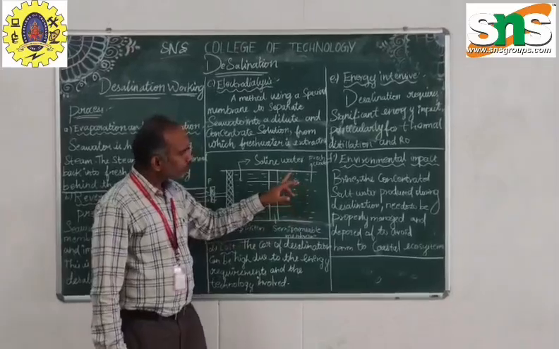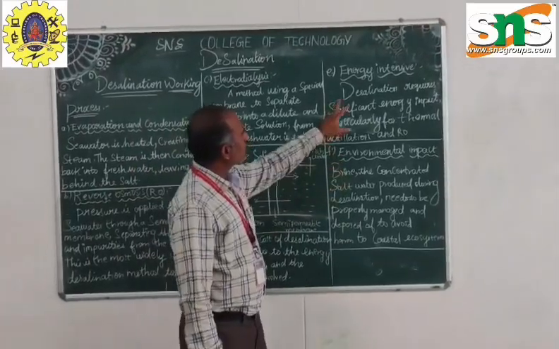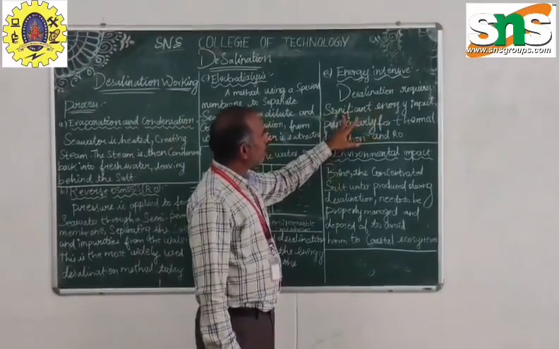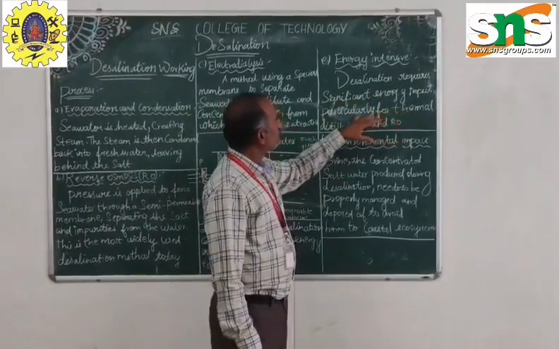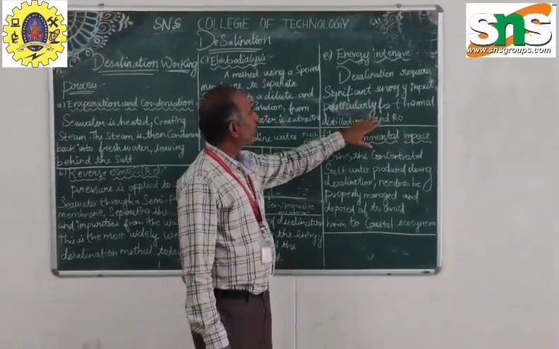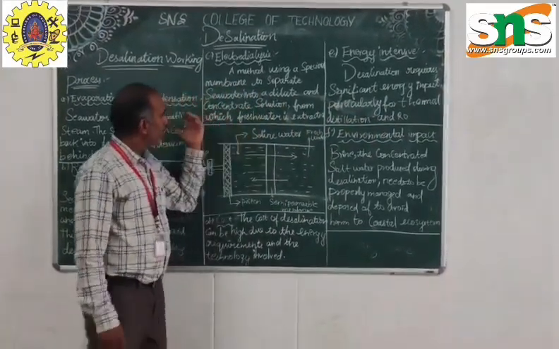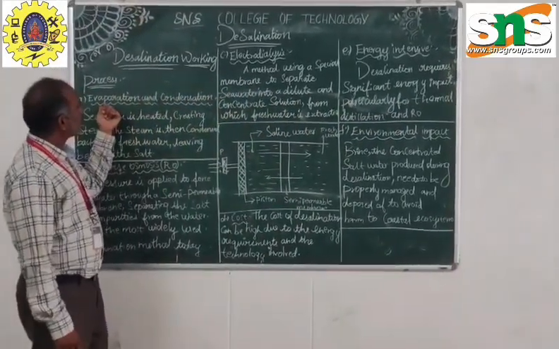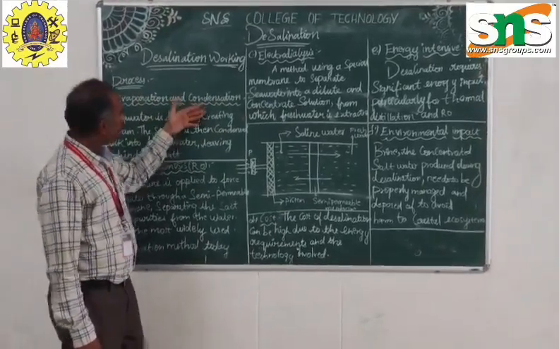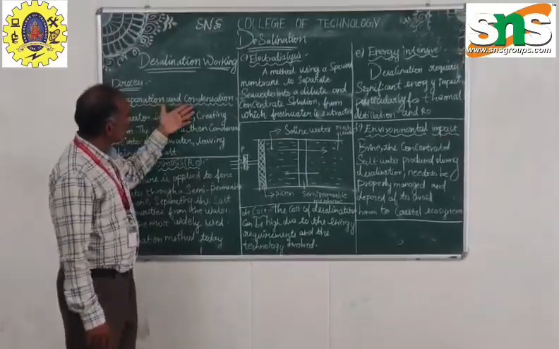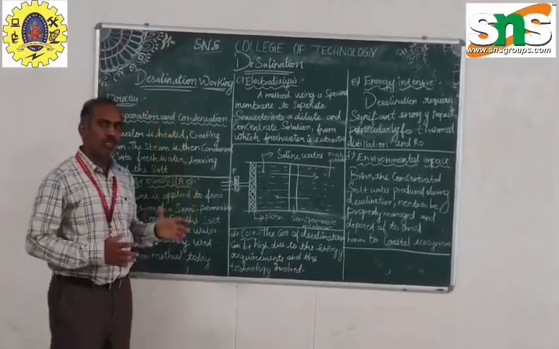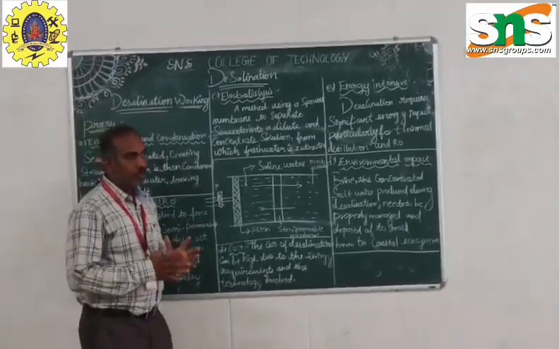But we go for the reverse osmosis process for high boiler systems, which use this kind of outcome water. Also, desalination requires significant energy input, particularly for thermal distillation. This is the evaporation and condensation method, which requires energy.